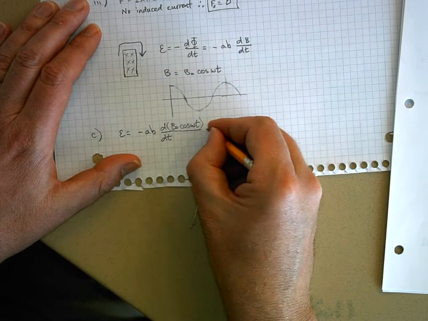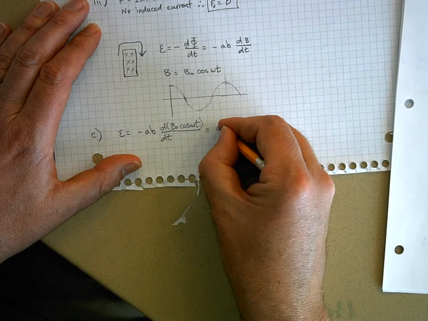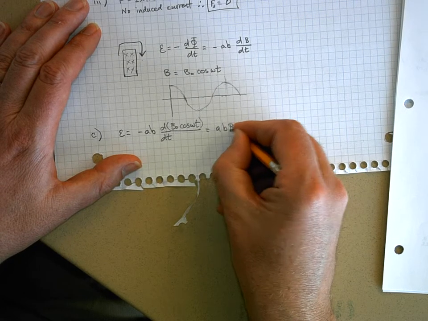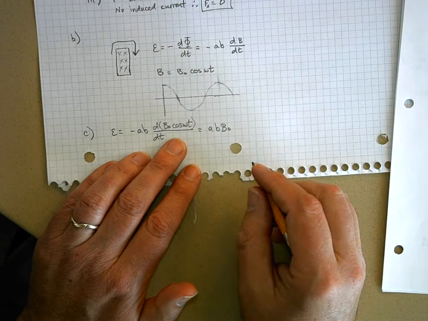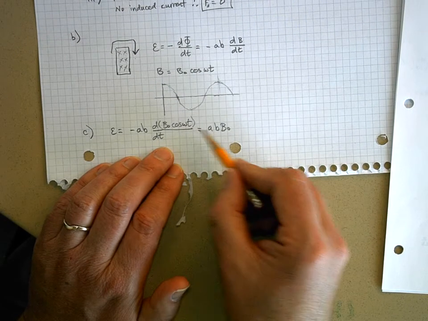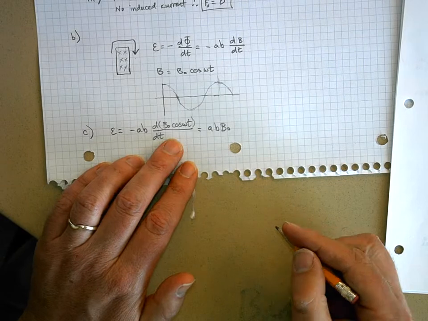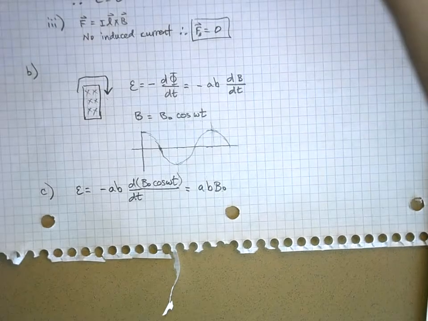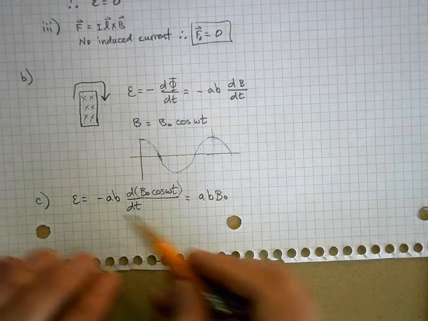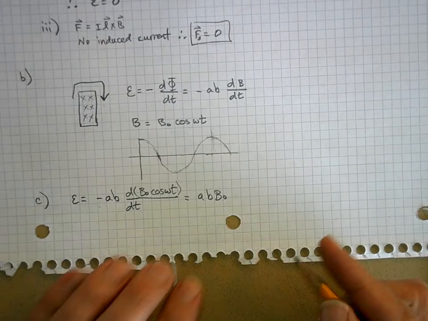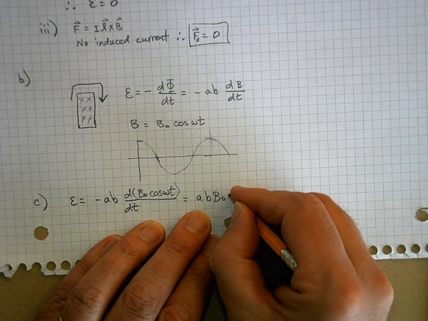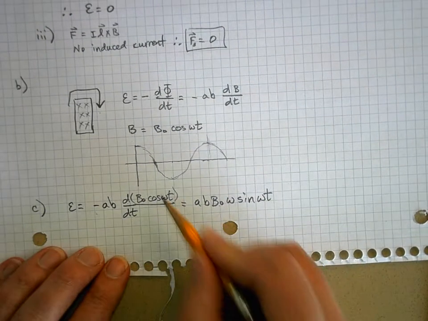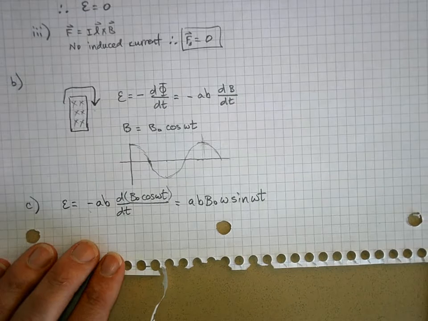So this is going to be A B naught, and then we need to take the derivative of this. I pulled the B naught out. What's the derivative of cosine omega t with respect to t? Negative sine, omega, negative sine omega t. Yeah. So let that negative cancel the other negative, and this will be omega sine omega t, right? You have to use that chain rule. You have to take the derivative of the inside part.